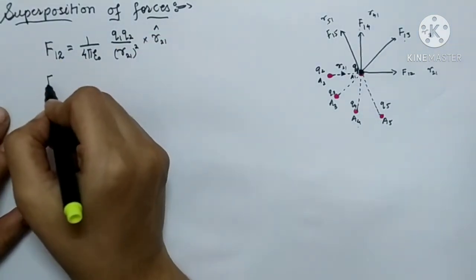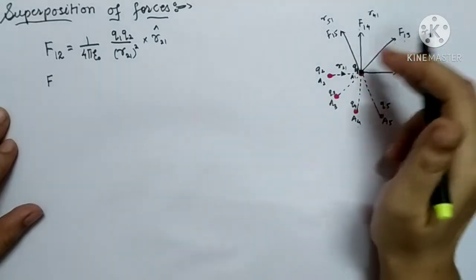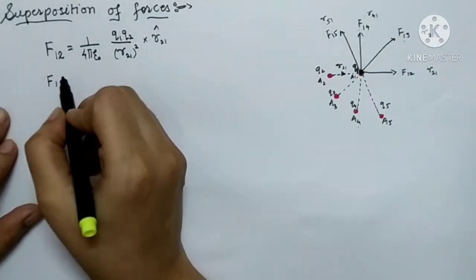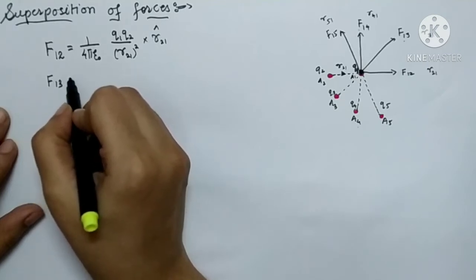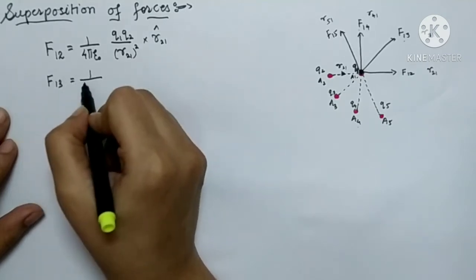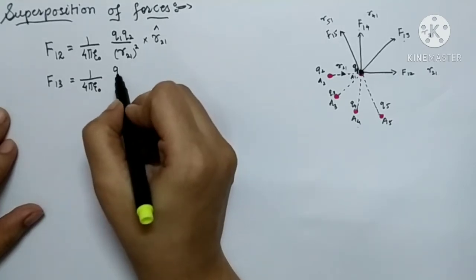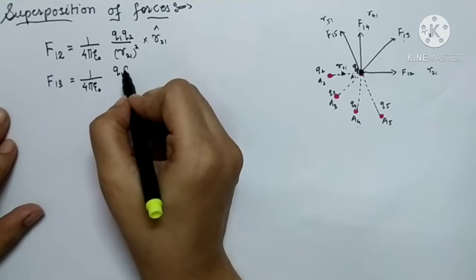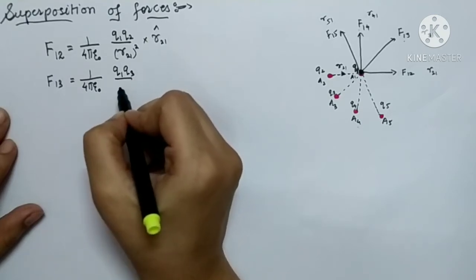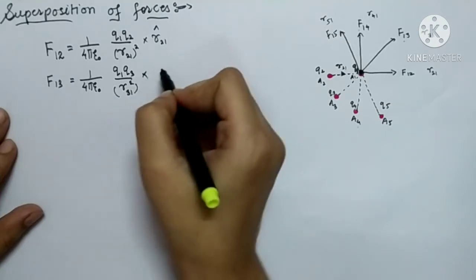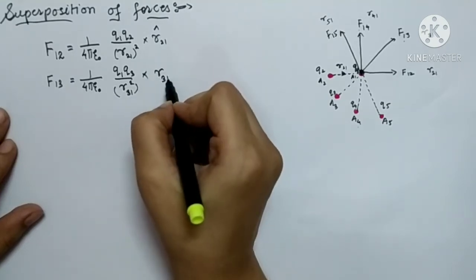Similarly, if you are asked to write down the equation for F13, the force experienced by the charge 1 and exerted by the charge 3, it is written as 1 upon 4 pi epsilon 0, Q1 Q3 upon R31 the whole square, into R31 hat.